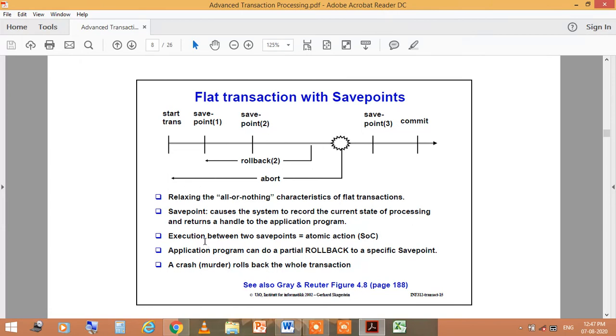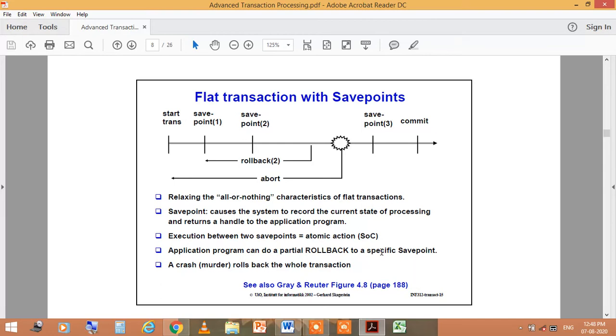In this, we are relaxing the all-or-nothing characteristic of flat transactions. Next, a save point causes the system to record the current state of processing and returns a handle to the application program. The execution between two save points equals the atomic action, that is ACID.